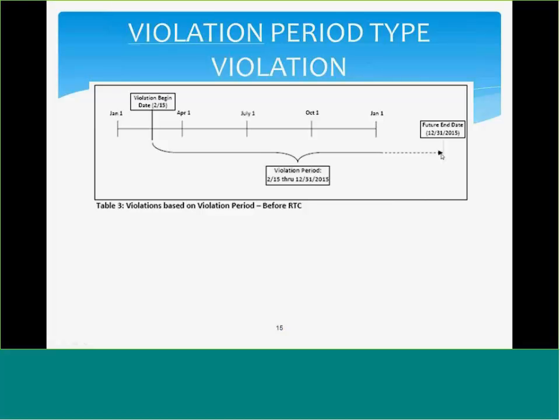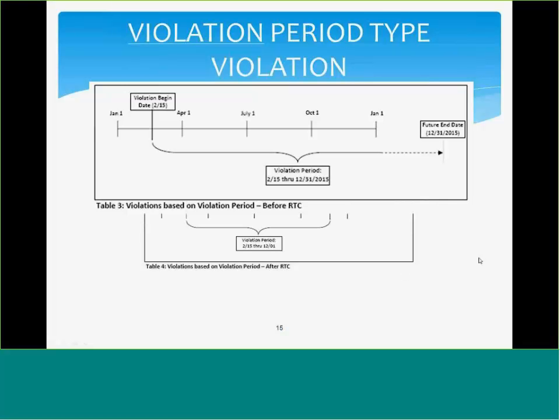Once the system has returned to compliance, that date would be entered in SDWIS, and that would be the end date. Looks like this got chopped off here, but it's just letting you know that the violation period ran from the beginning when it was out of compliance, and then the end was when it was returned to compliance.